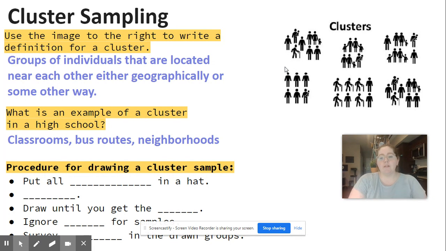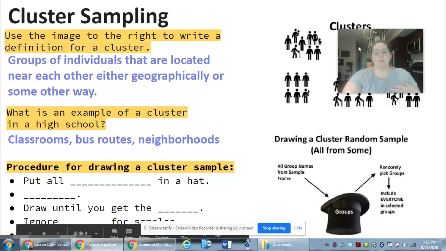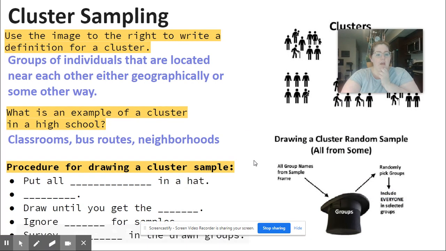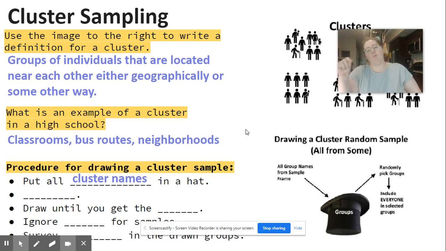So what we do with cluster sampling is, instead of numbering each individual person, I would number each cluster. So there's our little cluster drawing. I would put all of the cluster names in a hat. So maybe I'm talking about first period classes. I would put all of the room numbers where there's a first period class on slips of paper and put those in a hat.